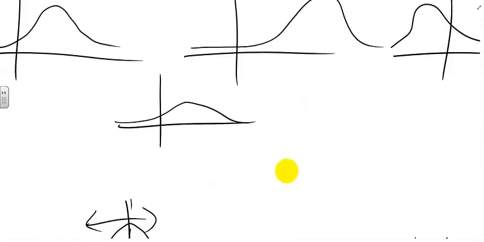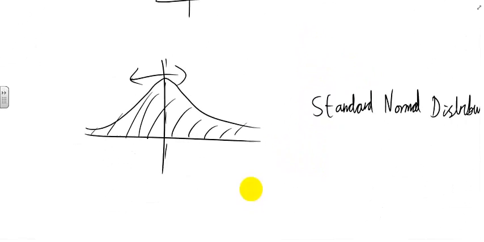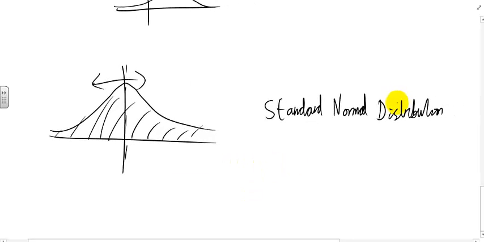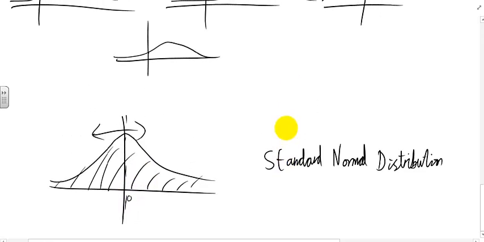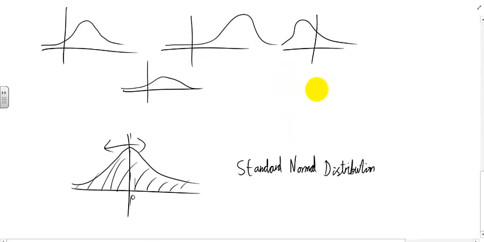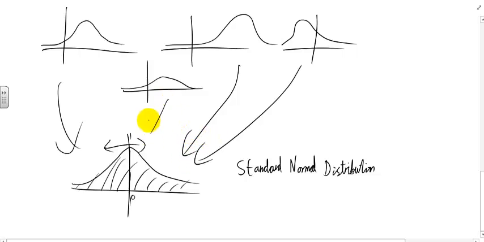But we only have a table for what's called a standard normal distribution, which has the mean at 0. Fortunately, we can use the transformations we learned in C1 to shift the mean and to stretch or shrink if necessary to make all these different normal distributions look like the standard normal distribution.